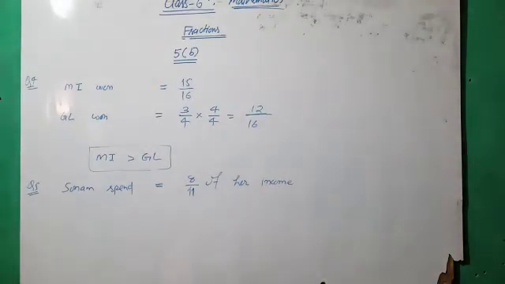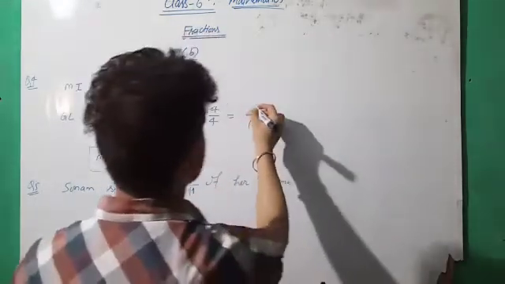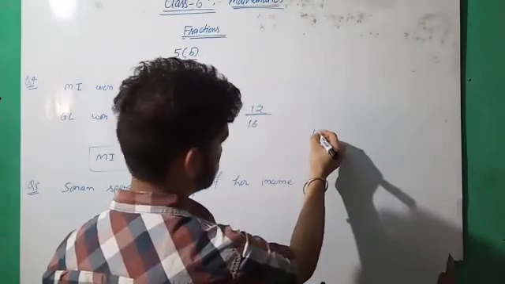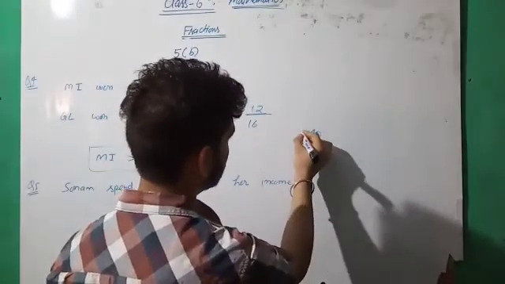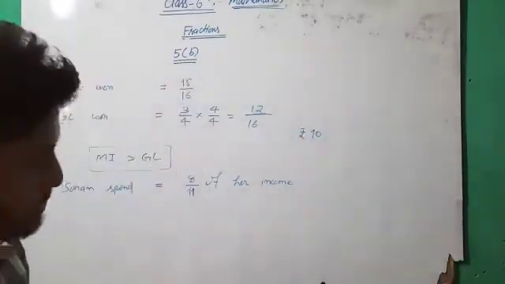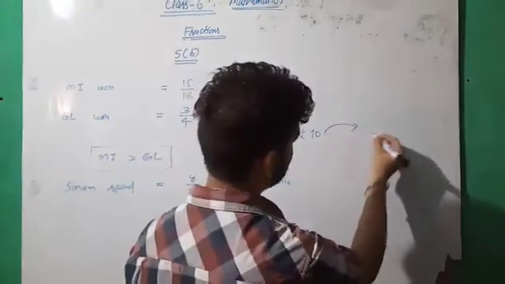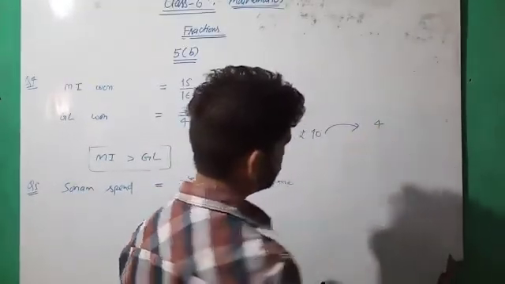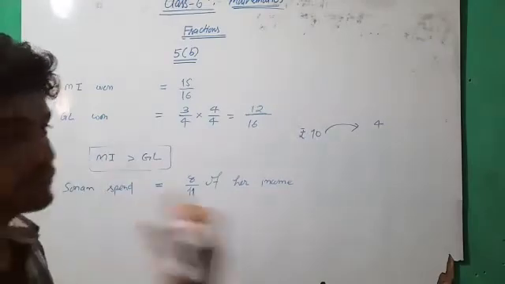Okay, for this question, we have an example. If my income is 10 rupees per day, and I spent 4 rupees out of 10. Okay, I spent 4 rupees out of 10.